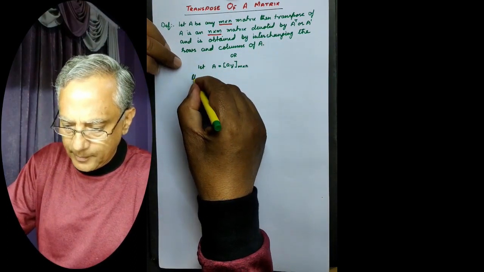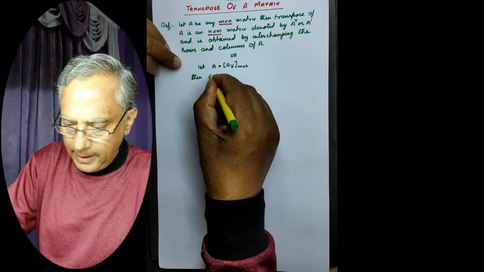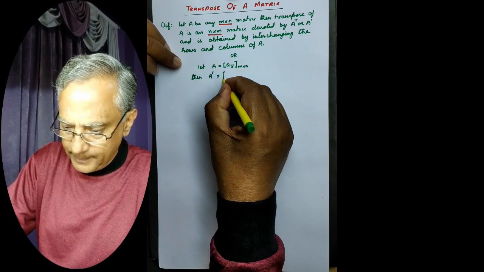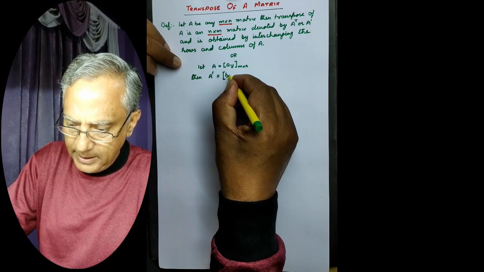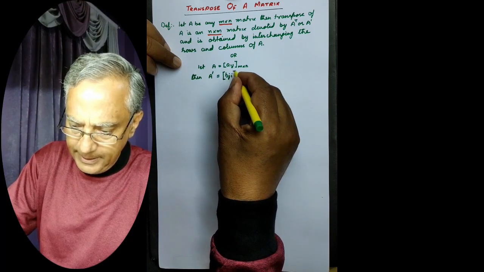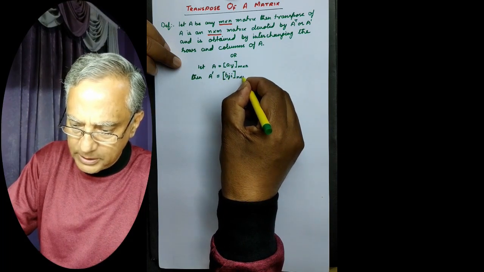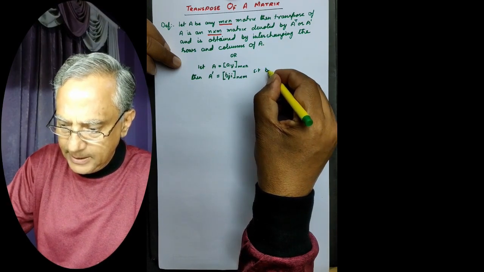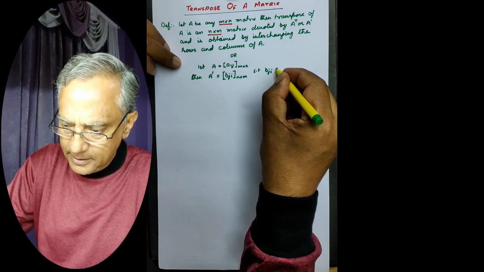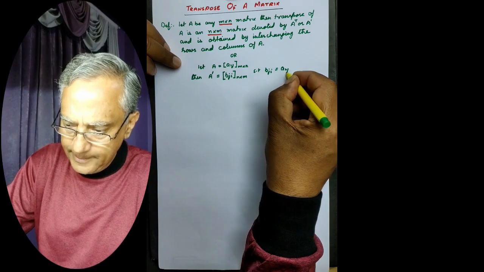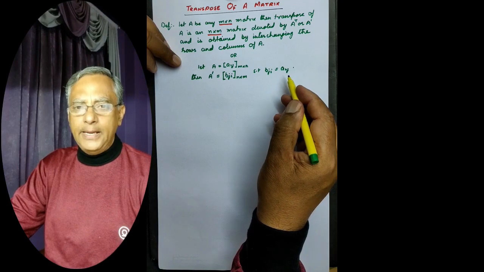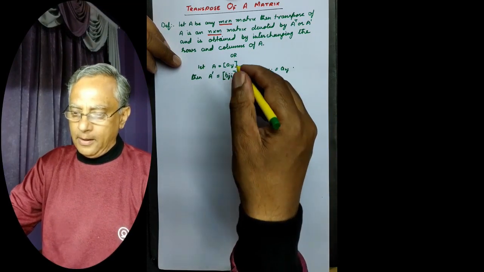Then A transpose is equal to Bji, n cross m, such that Bji is equal to Aij.